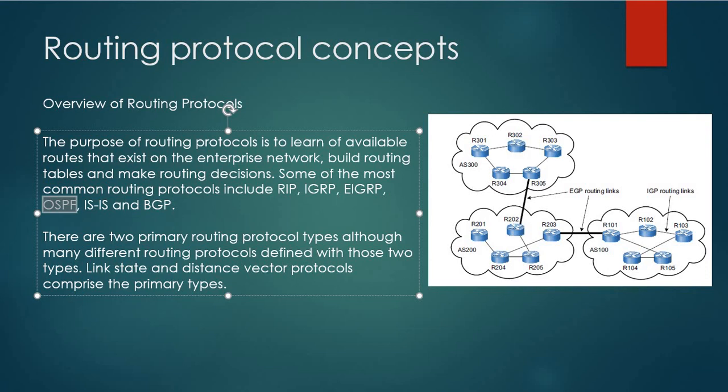The hello packet contains information such as router timer, router ID, and subnet mask. If the routers agree on the information, they become OSPF neighbors. Once routers become neighbors, they establish adjacencies. So these hello packets send out information like the router timer, the router ID, and the subnet of this router.